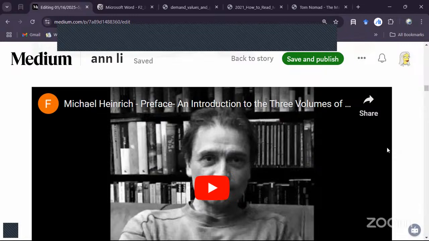And then, of course, there's the thing that precedes the 2021 commentary, which is the introduction to the 3 volumes of Capital. Whereas what I've just been reading from with the appendix is only about the first part.